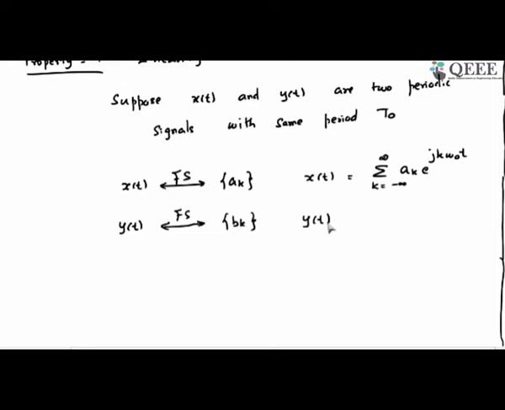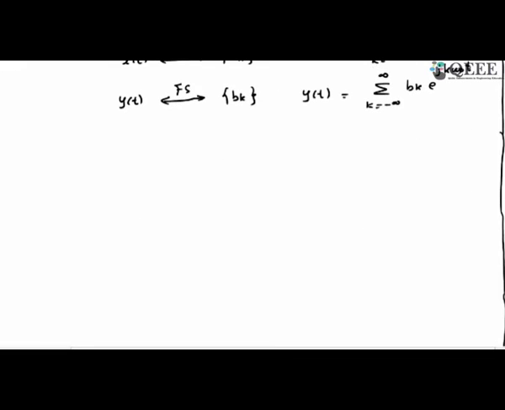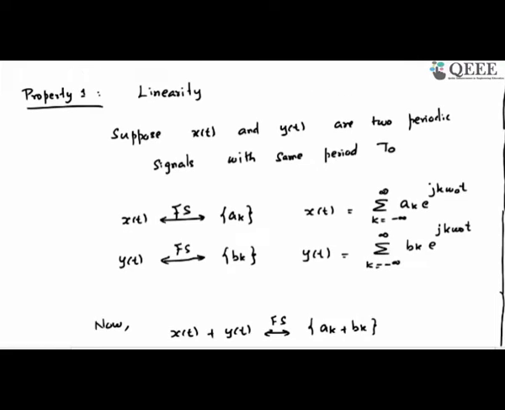So y of t equals sigma k equals minus infinity to plus infinity bk e power j k omega naught t. Now linearity implies that for x of t plus y of t, the Fourier series coefficients will be nothing but ak plus bk. That is straightforward, right?